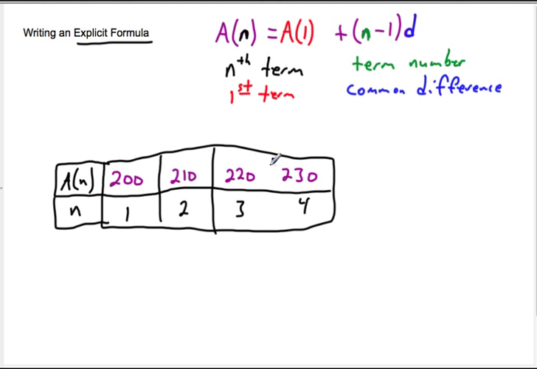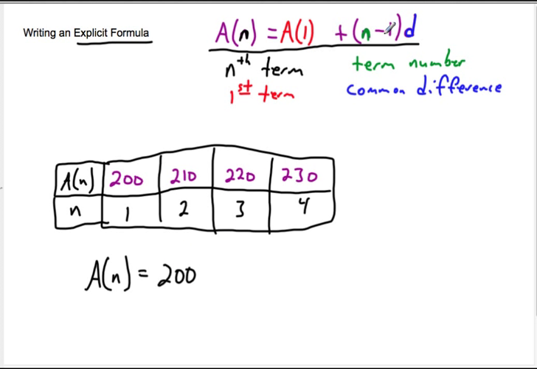And here's the formula that we're going to use to make our explicit formula. So the value of whatever term we want to find, a to the n, is going to equal the value of the first term, that's a to the 1, 200 in this case, plus n minus 1, which is just the term before the term that we want to find.